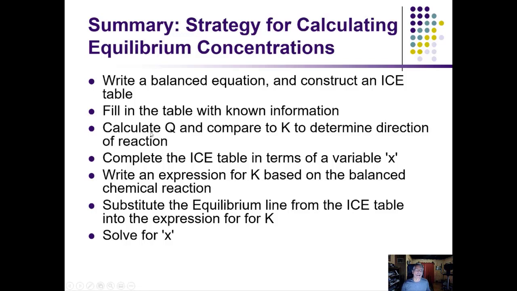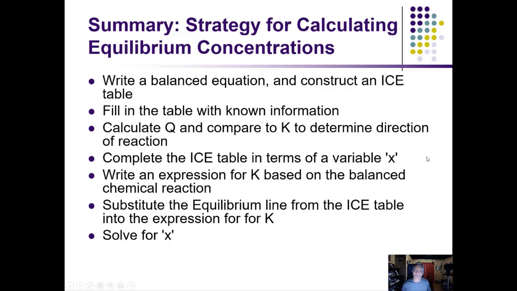Now, if you have non-zero concentrations initially for everything, you have to calculate Q to determine whether reaction goes forward. Q is less than K, reaction goes forward, or reverse, Q is greater than K. So go back and watch the video on calculating Q, or just on the reaction quotient, to remember how to do that if you've forgotten already, all right?